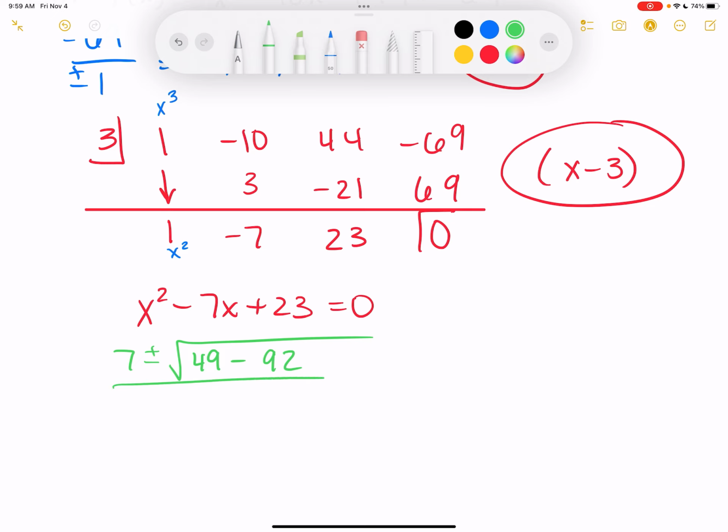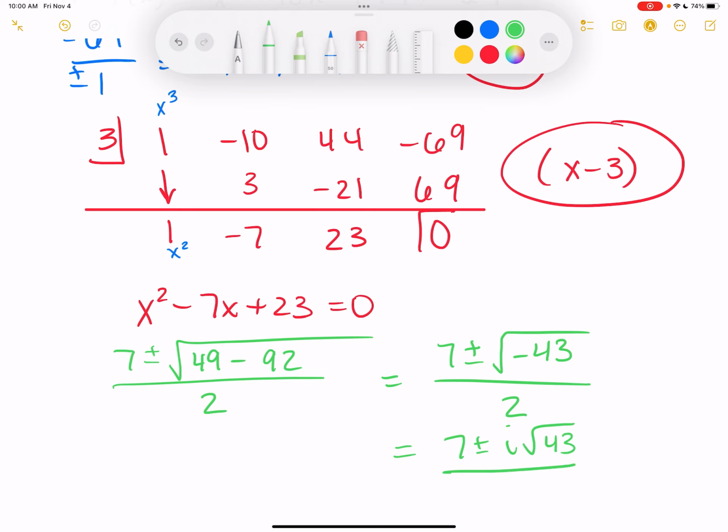And then over 2a, so that's just over 2. So 7 plus or minus the square root of negative 43, over 2. If I have a negative under the radical, what do I have to do? Take it out. So 7 plus or minus i root 43 over 2.